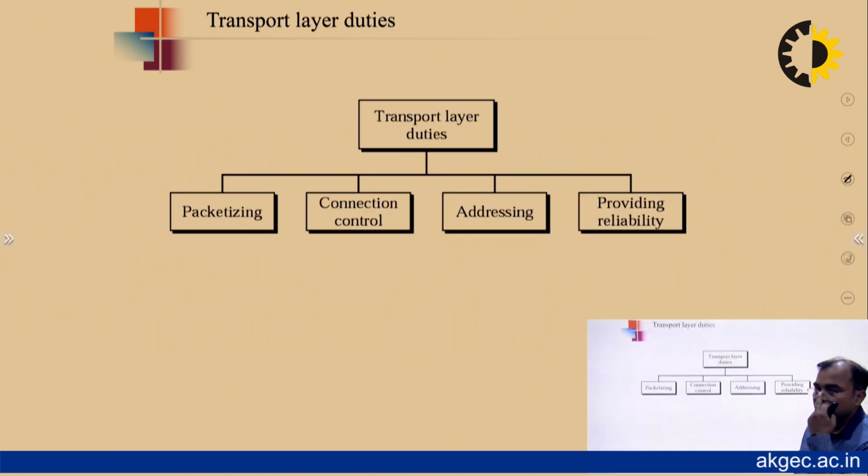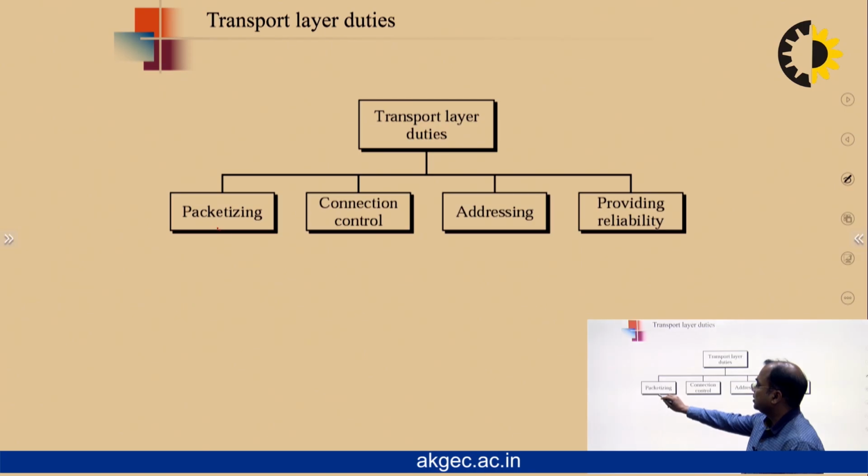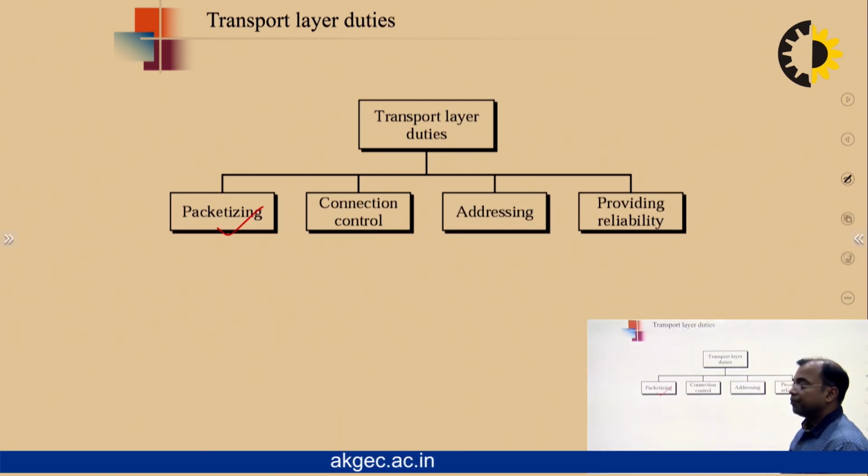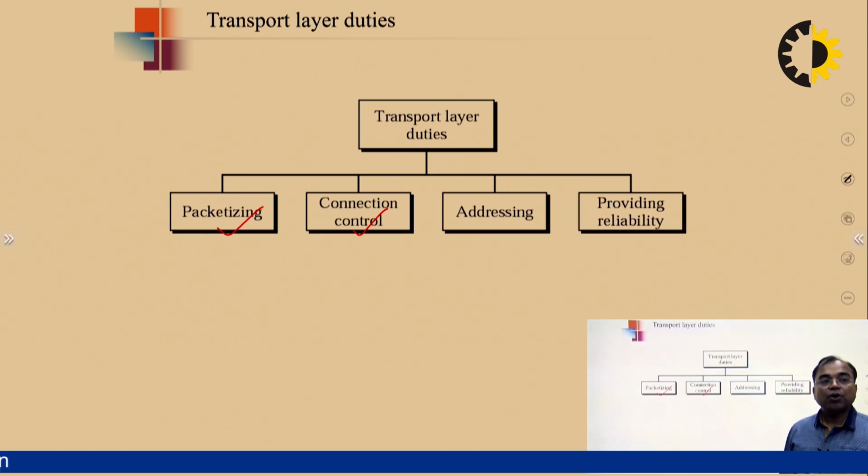Now, the duty of this layer: mainly we have packaging of data. Data packaging is an important task of the transport layer. The next important task is connection control. It is the layer which controls all the connections.